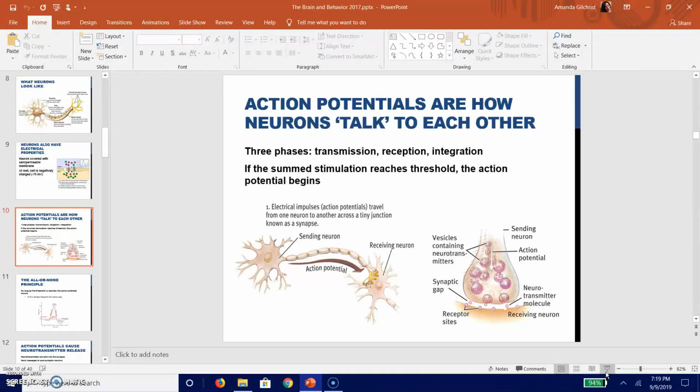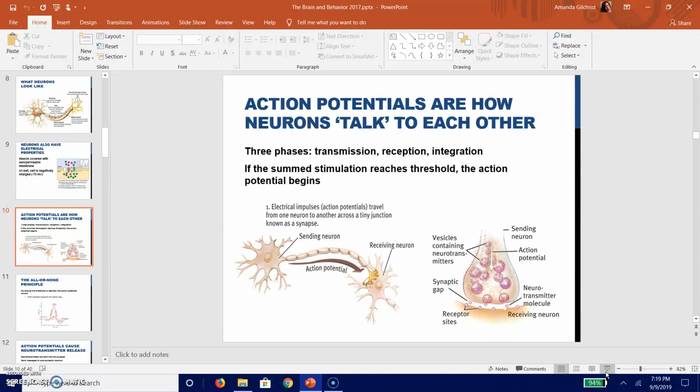So one of the things that will tend to happen is that action potentials will often be how neurons talk to each other. There are three particular phases that will happen at this point. First of all, what we tend to find is that the connections between neurons are numerous.